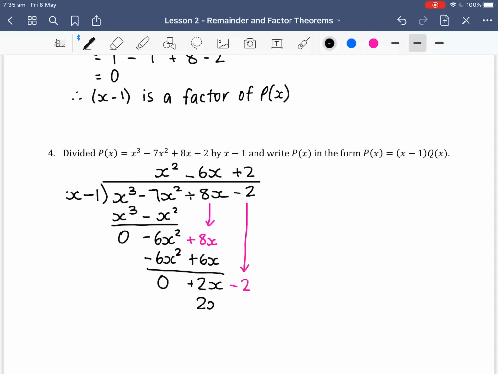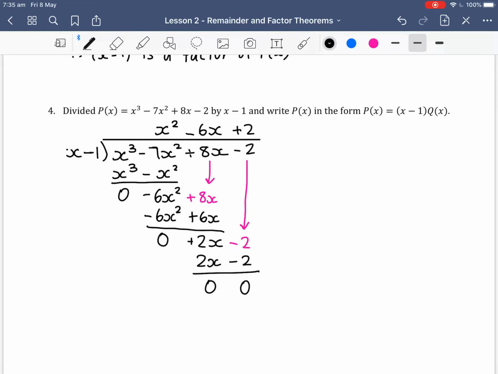And so then we have 2 times x is 2x, and 2 times negative 1 is negative 2. Subtract: 2x minus 2x is 0. Negative 2 subtracted by negative 2 is also 0. So therefore we want to write it as p(x) equals (x minus 1) q(x).